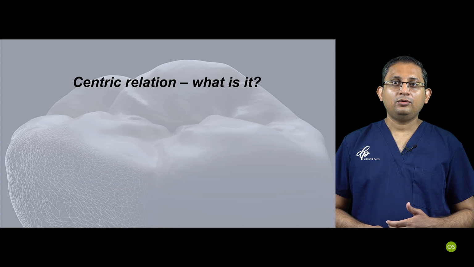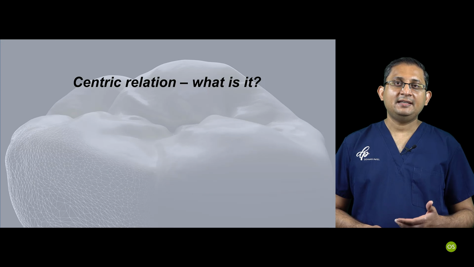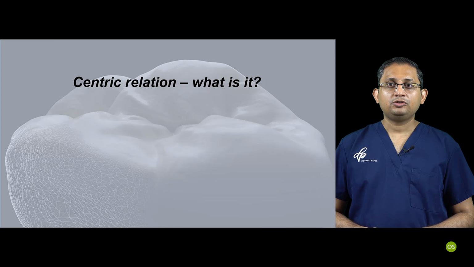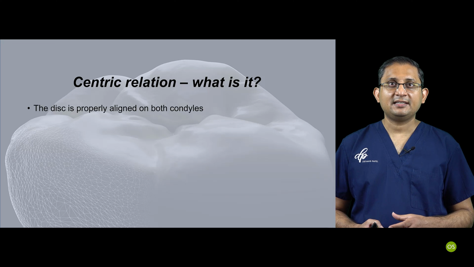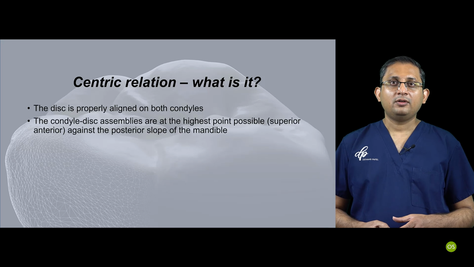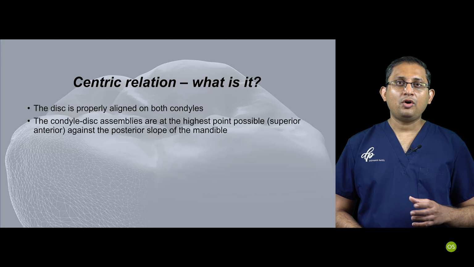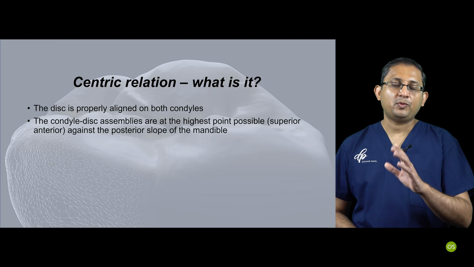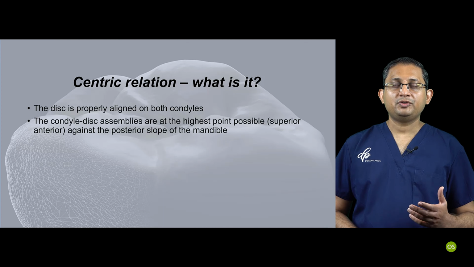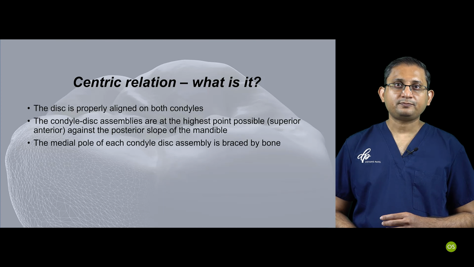So let's look at centric relation in slightly more detail. So what is centric relation? When condyles are in centric relation, the disc is properly aligned on both condyles. You have the condyle disc assembly at their highest point possible, which is superior anterior, because as we discussed, that's the anatomically highest point possible, against the posterior slope of the mandible.